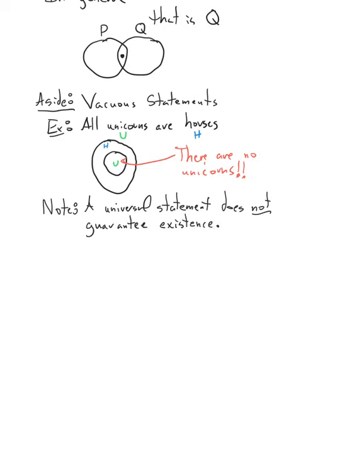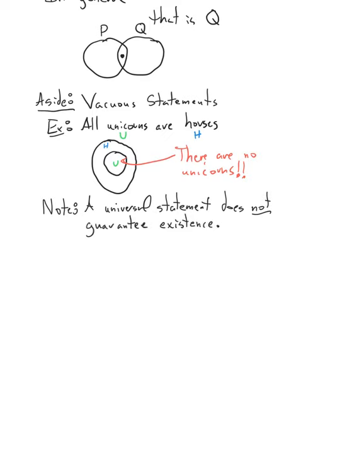So that doesn't tell me that there is something in there. It says that all of them, if there is any, all of P have property Q as well. In this case, all unicorns are horses, but it doesn't say that there's anything inside of this fence.